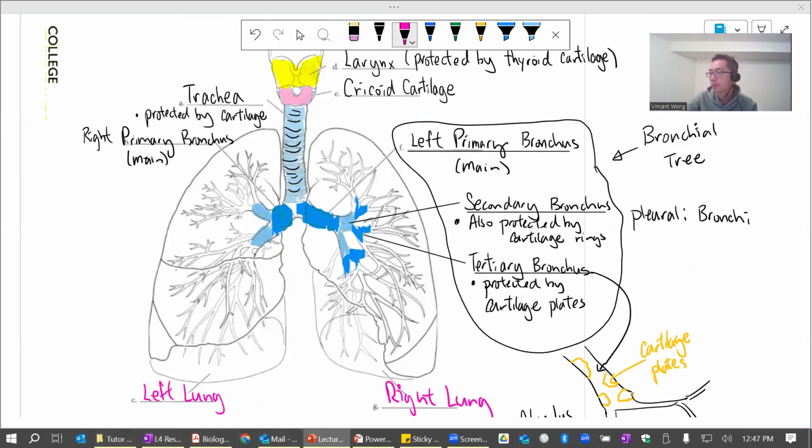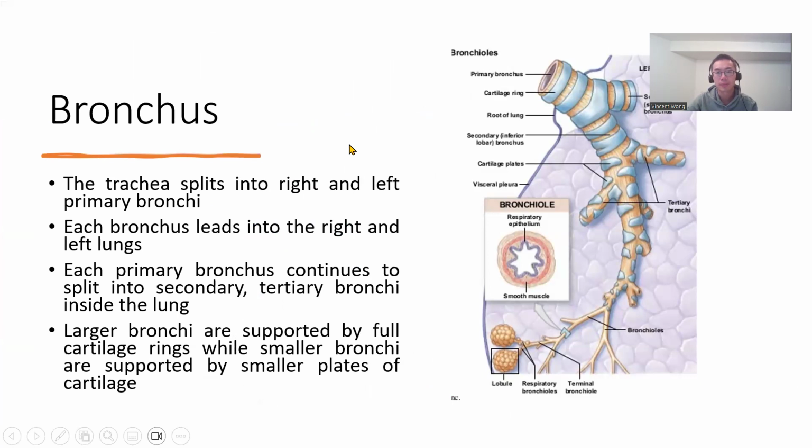Okay, let's go back to the PowerPoint slides. Now that we've labeled it, it should be easier to make out what's what. Over here, we have the primary bronchus. You can see the cartilage ring actually goes around the whole thing, right? And then it will split a couple times.